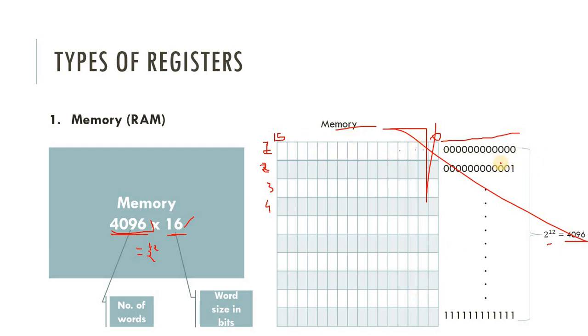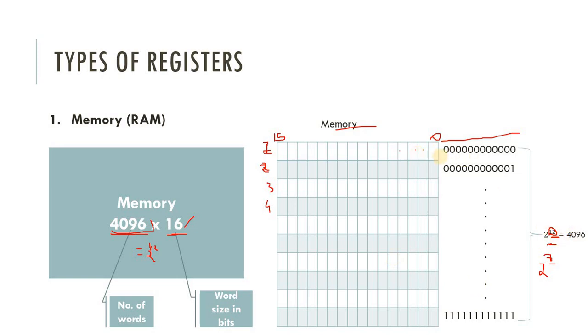Because here it is 2 raised to 12, the size of the address is 12 bits. This needs to be remembered: if the size of the memory is equal to 2 raised to 8, it means the size of the address is 8 bits. Here it is 2 raised to 12, so the size of the address is 12 bits.